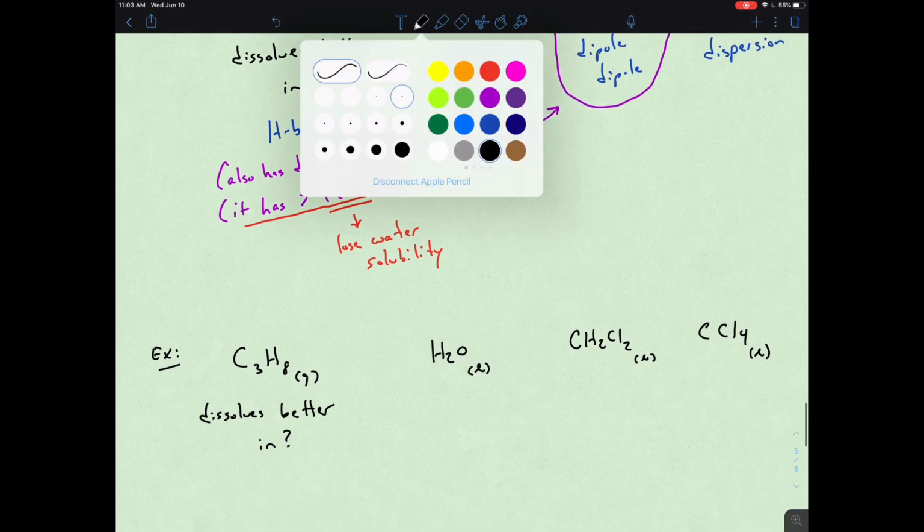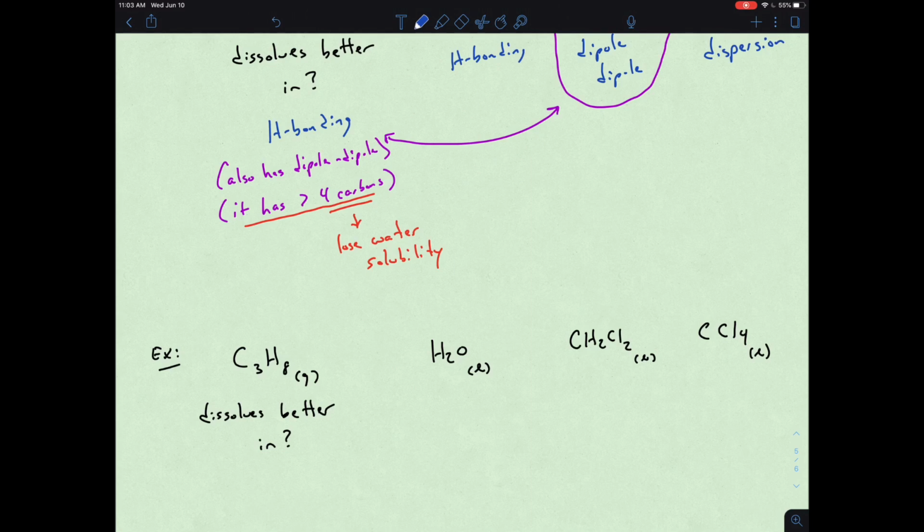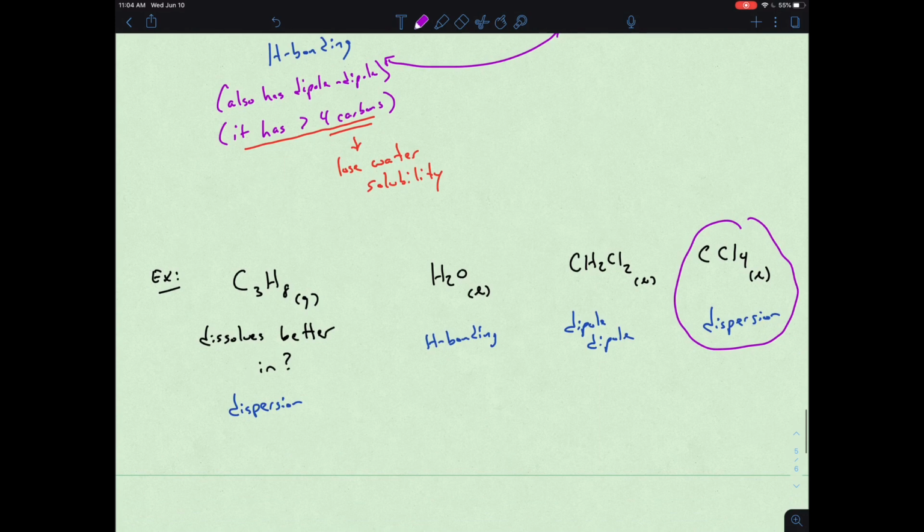If we look at our forces of attraction, we have dispersion for propane, hydrogen bonding for the water, dipole for the dichloromethane, and then dispersion for the carbon tetrachloride. And so there is our best choice.